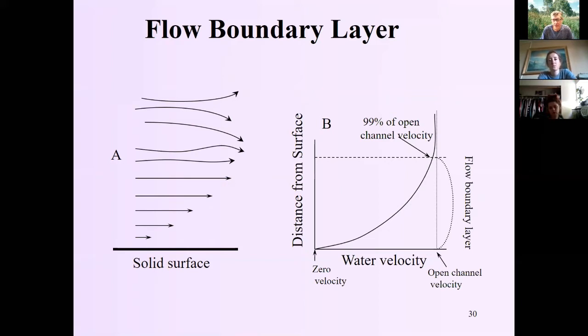So this is another place where scale matters. If you are a large fish, a big catfish, right, you're living in a turbulent world. And being in the flow boundary does not have much effect on you at all. If you're a microbe, you're always essentially in a very viscous world, and you're not experiencing much turbulence at all.